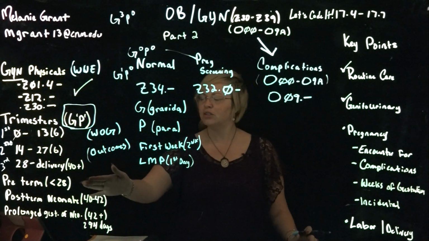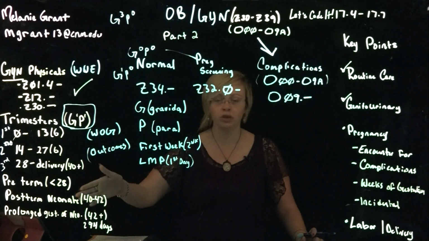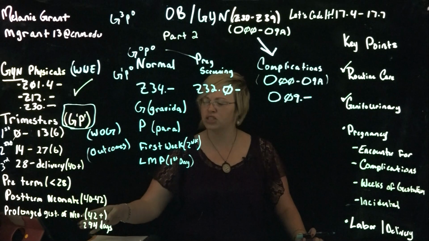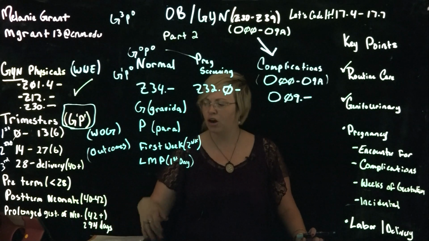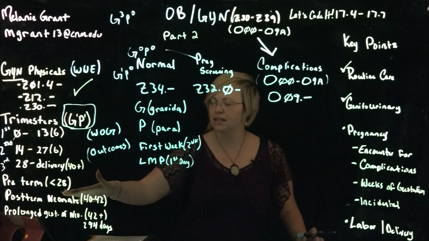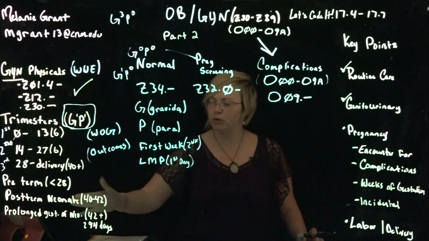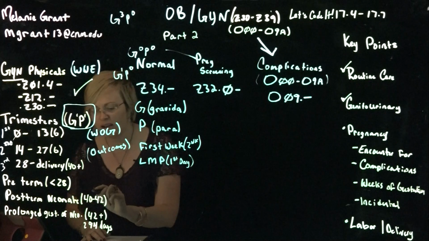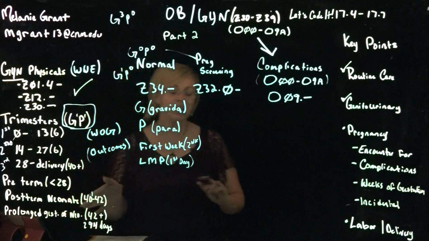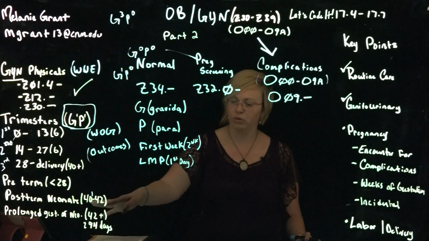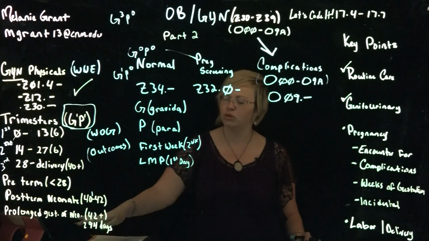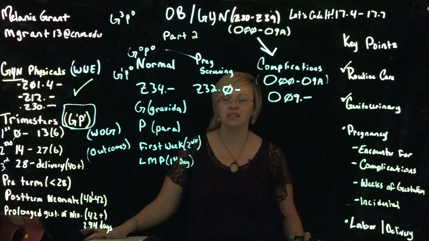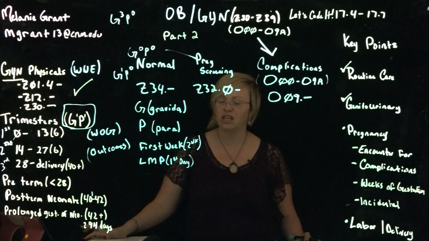We have also some identification of terms here: your preterm, post-term neonates, and prolonged gestation of neonates. Preterm is under 28 weeks. Post-term is after 40 full weeks, so 40 weeks and 1 day, up to 42 weeks, and then after 42 weeks or 294 days of pregnancy is considered prolonged gestation.